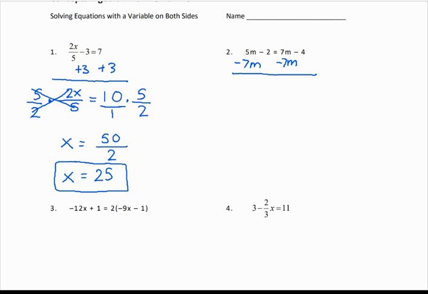5m minus 7m is negative 2m. I still have the minus 2. And on the right, I have negative 4. Don't drop those negatives. And now we get the variable alone, so I'm going to add 2.